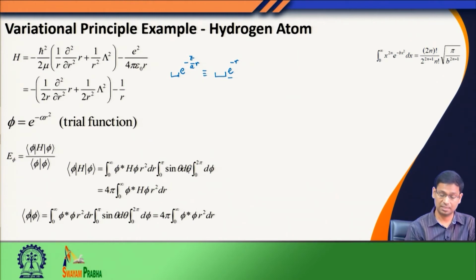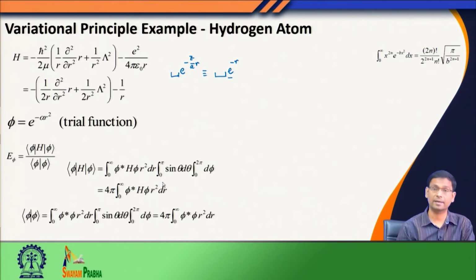When I integrate these two terms, I will get 2 into 2 pi, which gives me 4 pi multiplied by this radial integral. Similarly, when I look at the overlap phi star phi, again I am doing it for the angular part. I have 4 pi here multiplied by the radial term.